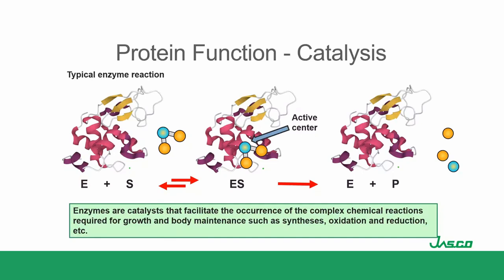The proteins that perform this catalysis are called enzymes, and enzymes facilitate and accelerate the complex chemical reactions that are required for growth and body maintenance, such as synthesis, oxidation, and reduction inside the body.